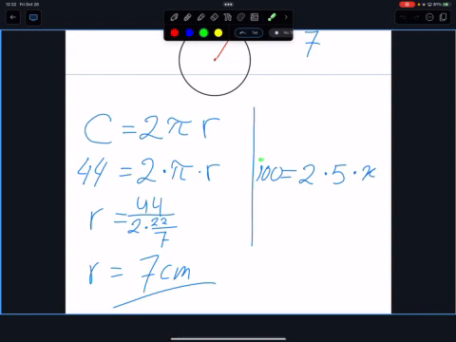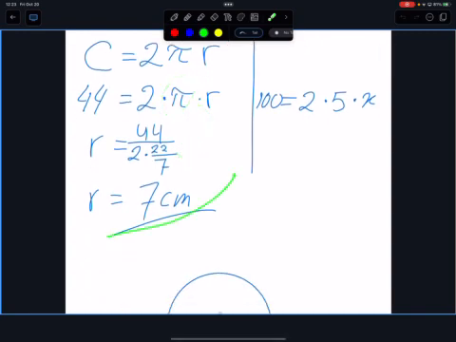I divide the 100 by what? 2 multiplied by 5. So what do I do? The exact same thing here. 44 divided by what? 2 multiplied by pi. And what is pi? 22/7. And if done correctly, answer is 7 centimeters.